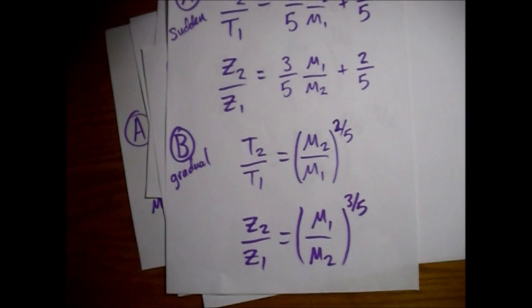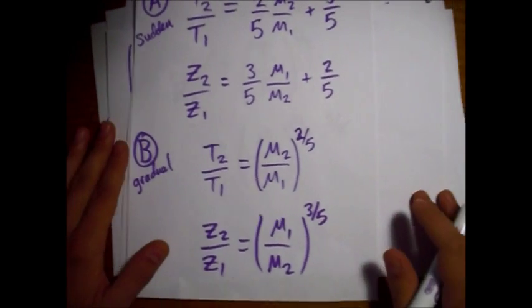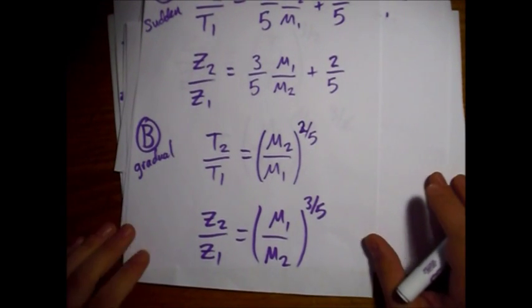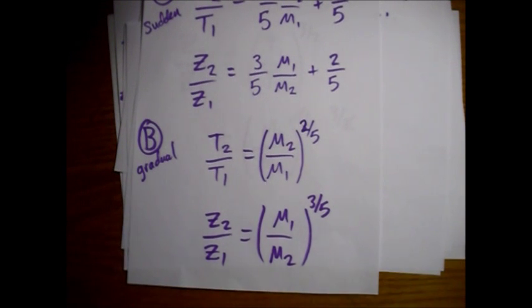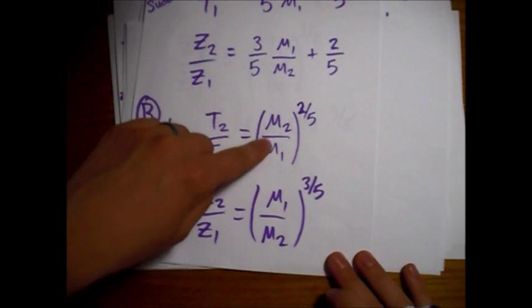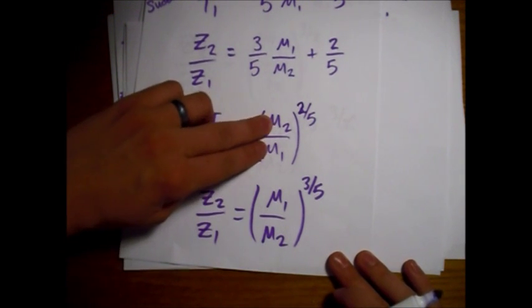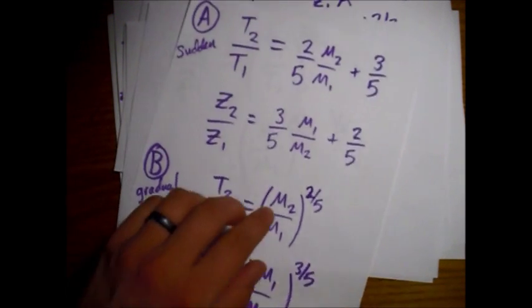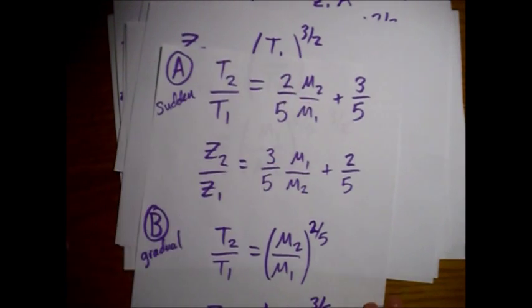And there we go. These are the quantities we were asked to find for this gas in this piston with a mass on top. You can see, of course, when M1 is equal to M2, these go to 1, just like in the case up above.